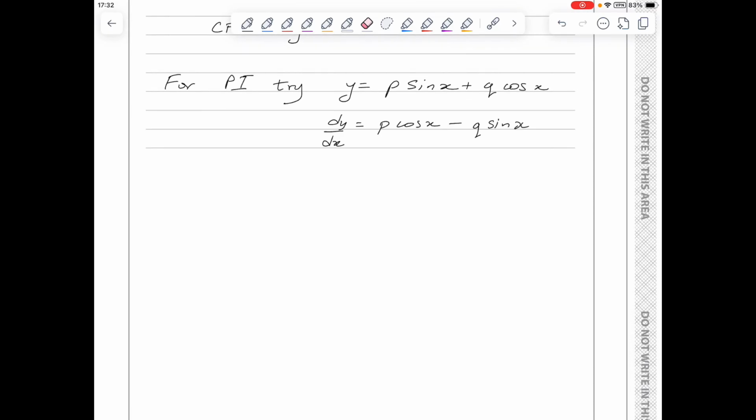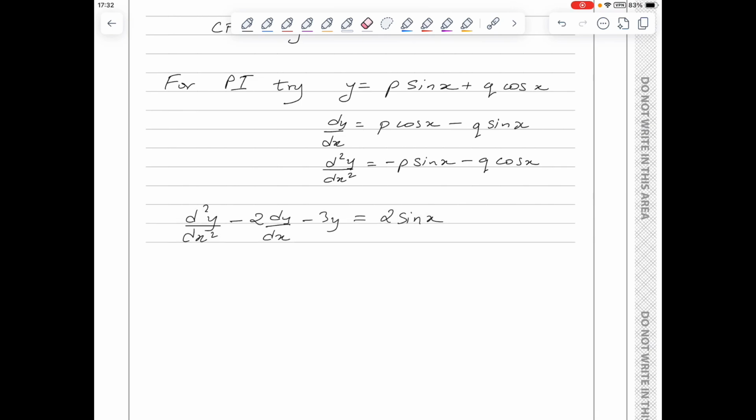If I differentiate, I will get dy/dx is equal to p cos x minus q sine x. And if I differentiate again, the second derivative equals minus p sine x minus q cos x. So let's go back to the differential equation. Here it is. And replace the second derivative, the first derivative, and y with what I have above.